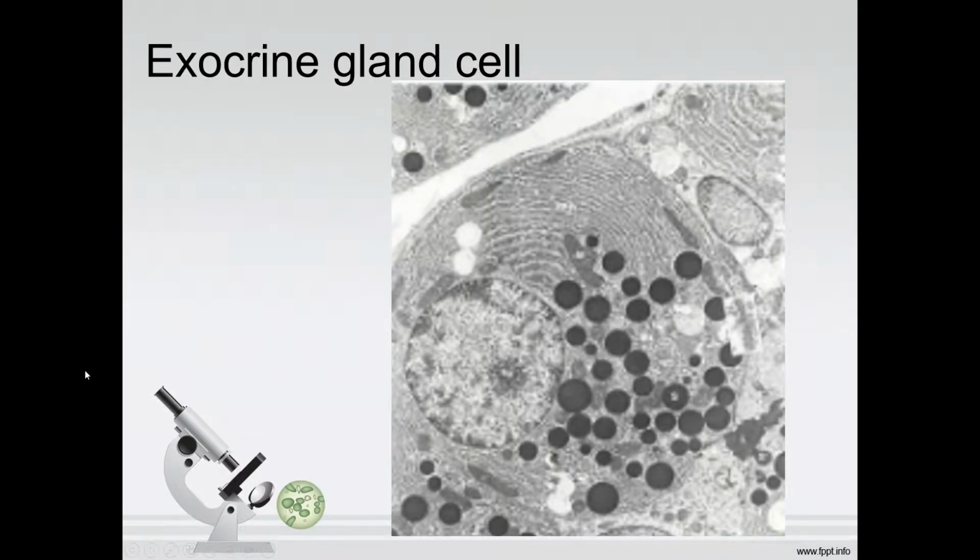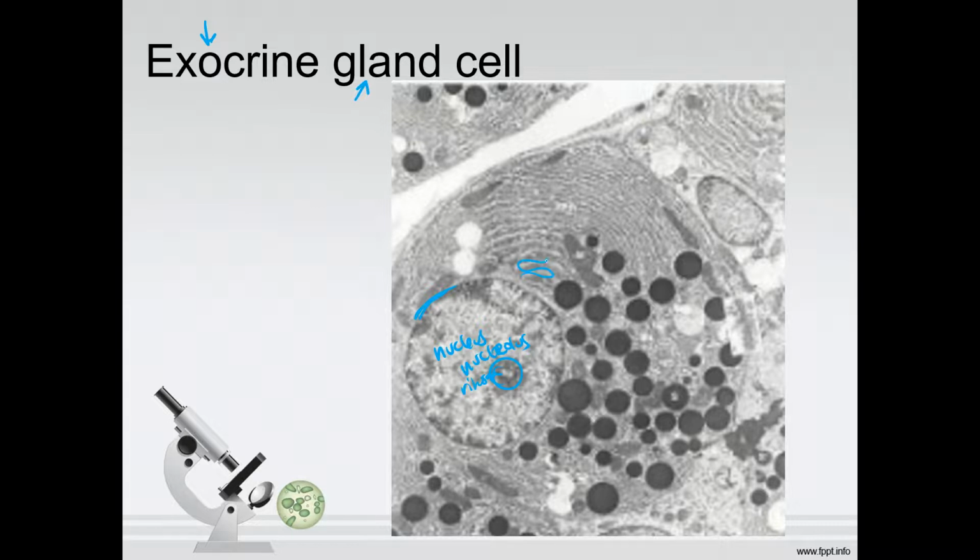Good, good. All right, so let's practice labeling some cells. This is IB's favorite animal cell, the exocrine gland cell. Exocrine, like endocrine, but it's going to make stuff that gets secreted out. We've got our nucleus. We've got our nuclear membrane. Here we can see the nucleolus, which is going to make ribosomes and RNA.